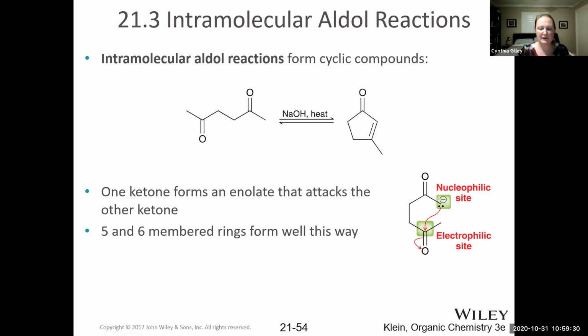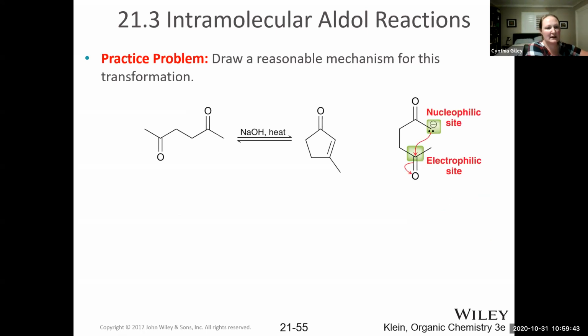So this is not really different from any other aldol condensation reaction. It's just done intramolecularly as opposed to intermolecularly like we've been looking at before. Let's go ahead and do a practice problem. Practice drawing a reasonable mechanism for this transformation.